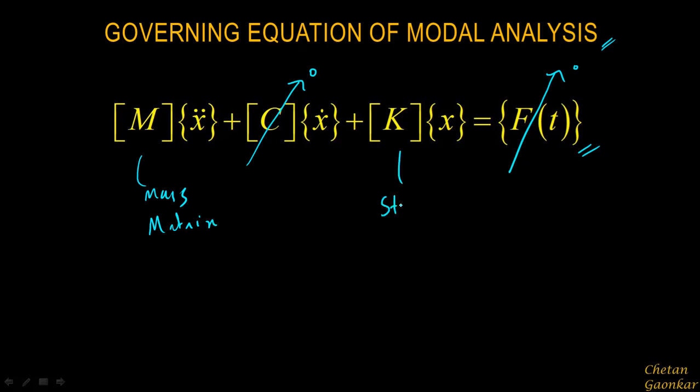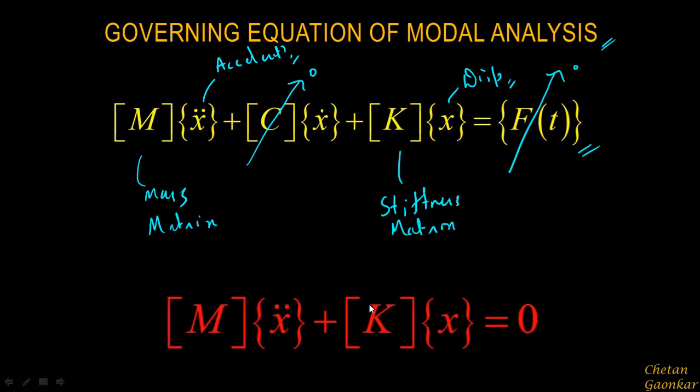This is the stiffness matrix of the structure, this is the displacement vector, and x double dot is nothing but our acceleration vector. So finally, in the absence of the external force and the damping matrix, the governing equation of modal analysis becomes this.